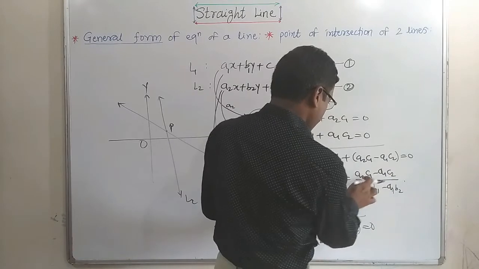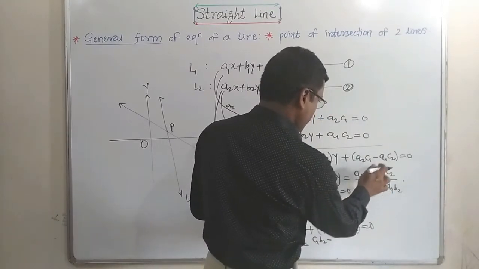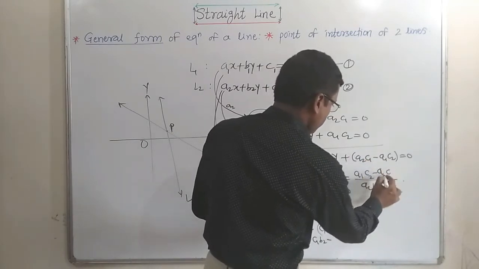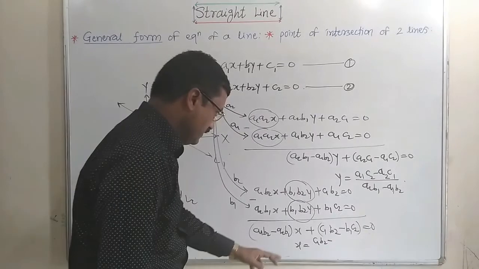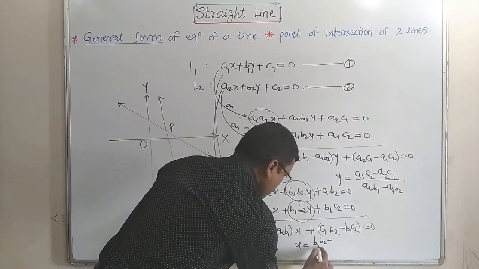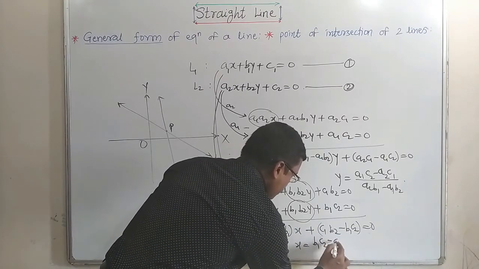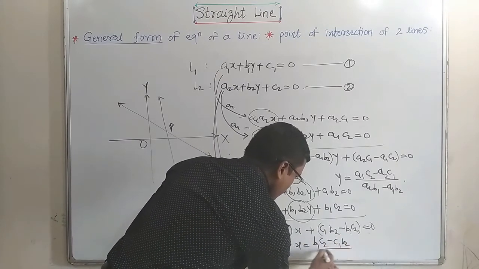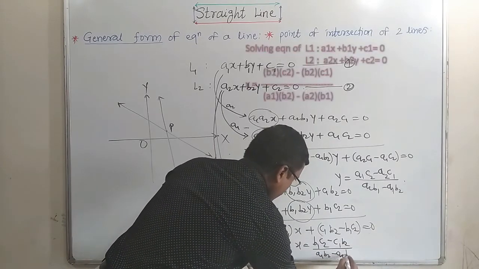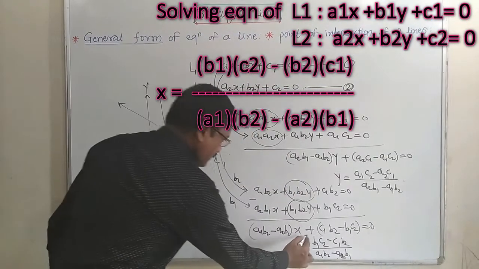So here a1 c2 is positive and this becomes negative, that is minus a2 c1. Similarly, here we get b1 c2 positive and minus c1 b2, this whole divided by a1 b2 minus a2 b1. So that will be the value of x.